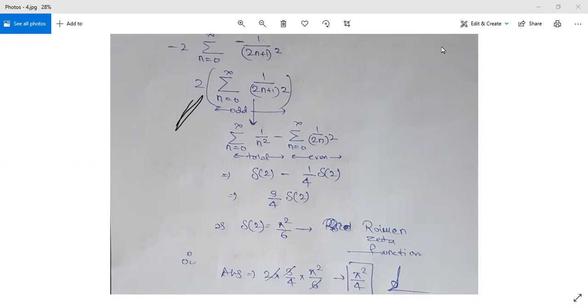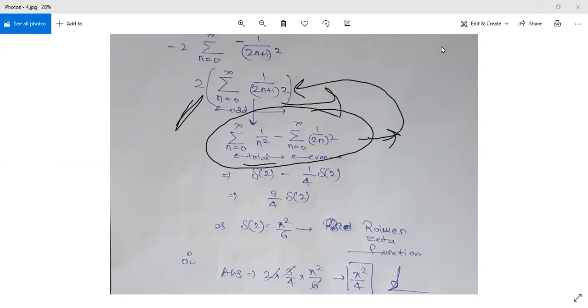As you can see, this is just the summation of inverse square of all the odd terms. So I can basically write this as the summation of all the inverse square of the total numbers available, subtracting the summation of the inverse square of all the even numbers. By doing this, I eventually get the summation of inverse square of all the odd numbers, which this expression is representing.